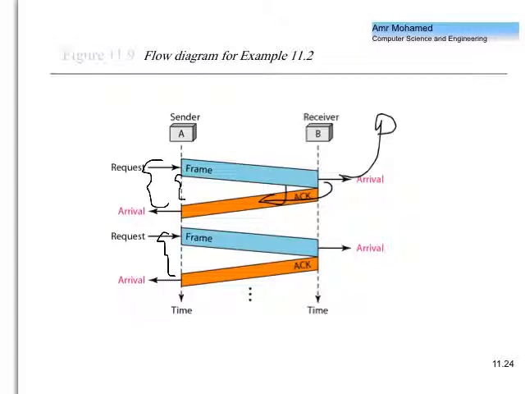So if the time that the frame takes to go all the way to the receiver and the acknowledgement to arrive to the sender is long enough, this means that these gaps are going to be larger and larger, in which case the sender is not actually utilizing that channel efficiently. Okay?